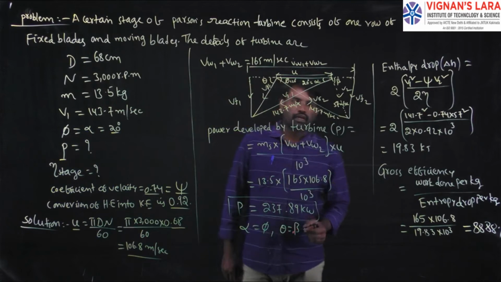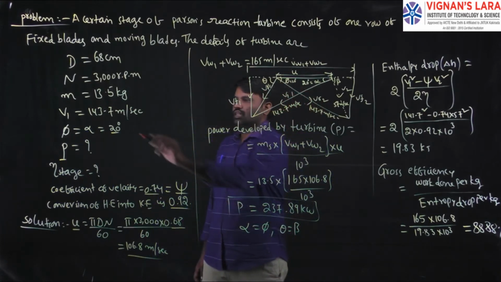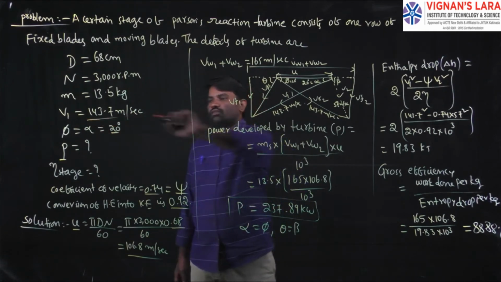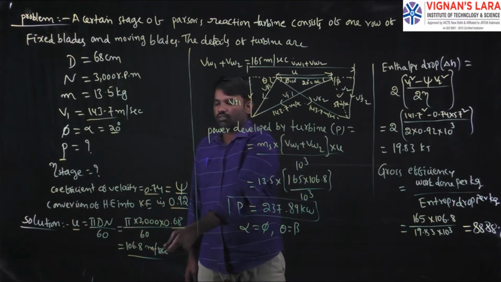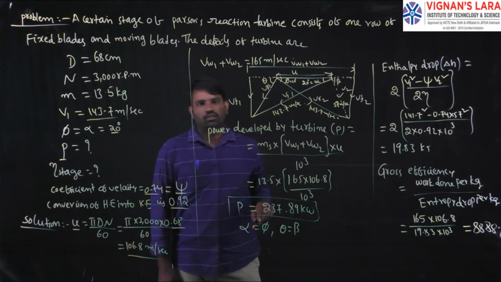From the given values, V1 is equal to Vr2 is equal to 143.7, u is equal to pi D N by 60, 106.8 meter per second, and phi is equal to alpha is equal to 20 degrees.